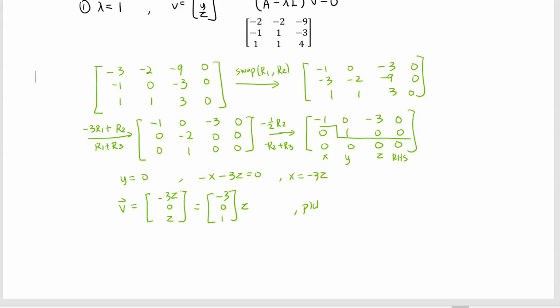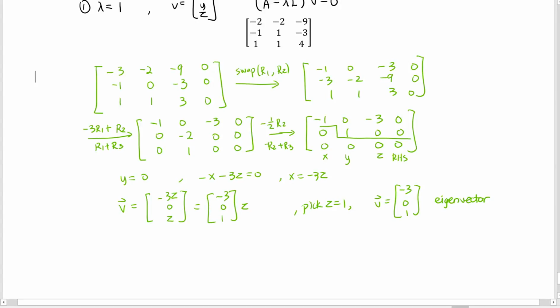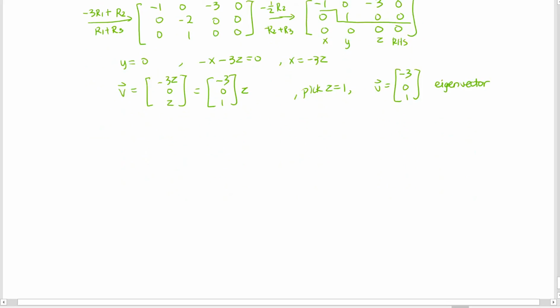So you can pick z equals 1. Then you get v, which is negative 3, 0, 1, an eigenvector. Because we have 3 eigenvalues, for each eigenvalue we're supposed to get 1 eigenvector. Okay, together, let's continue.